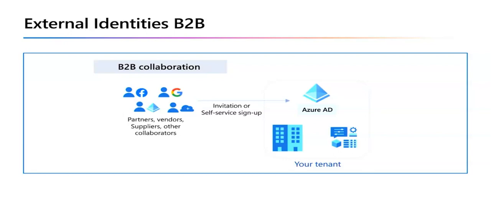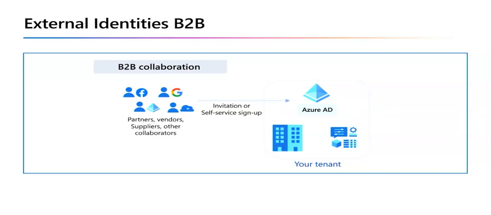With this, you can work safely and securely with external partners, large or small, even if they don't have Azure AD, or even if they don't have an IT department. A simple invitation and redemption process lets partners use their own credentials to access your company's resources. You can also enable self-service sign-up user flows to let external users sign up for apps or resources themselves.